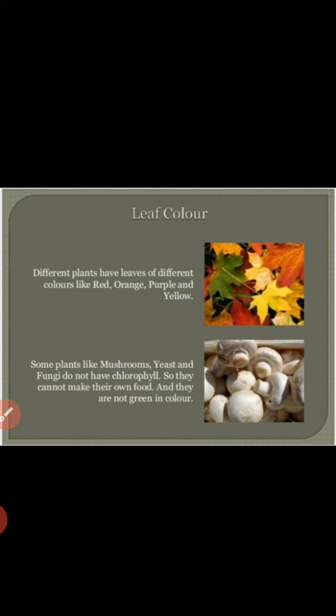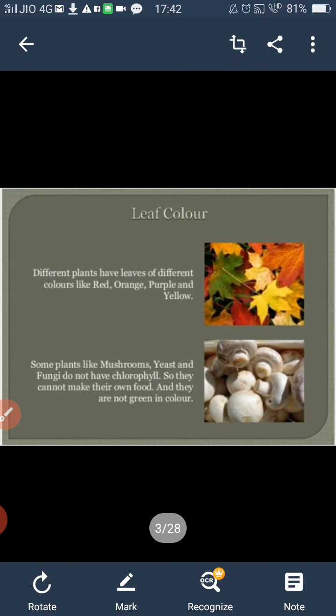And some plants like mushrooms, yeast and fungi don't have chlorophyll, so they can't make their food. Because I will tell you, in photosynthesis, what is required? A pigment, chlorophyll, is there in the leaves, due to which they are green in color.